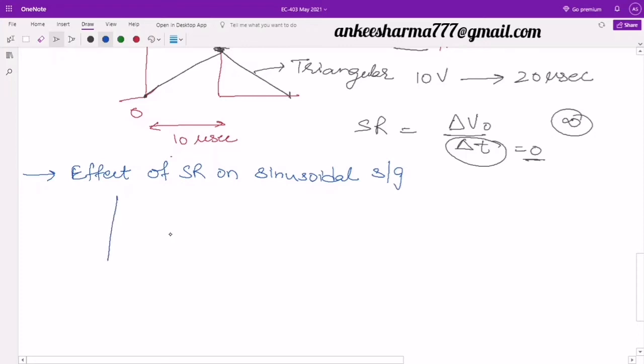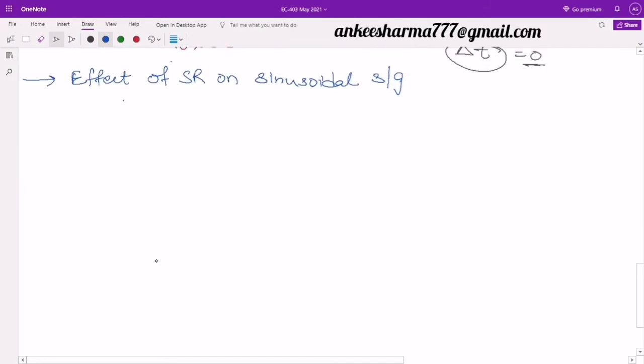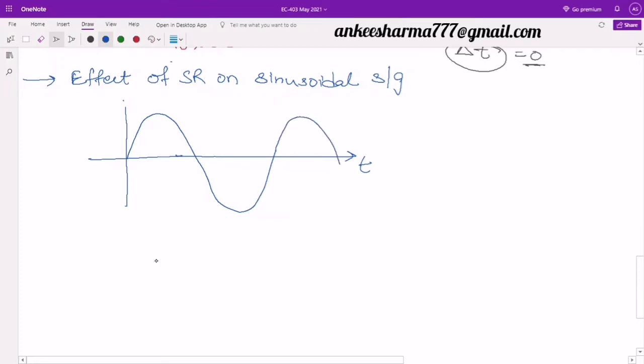We all know. A signal like this. Sinusoidal signal. This signal is changing with respect to time, v of t.